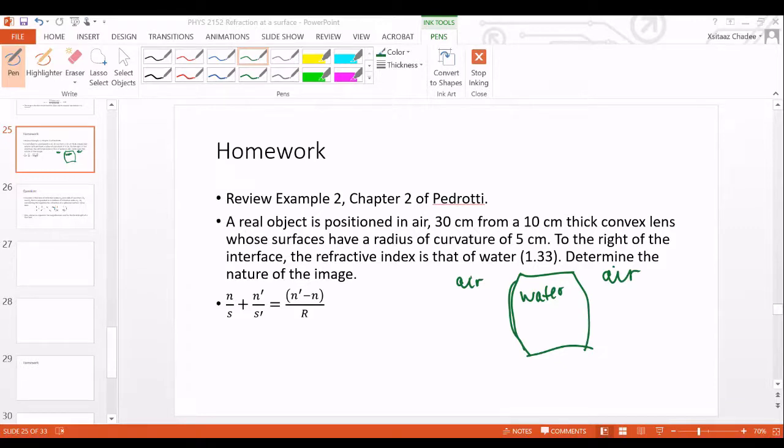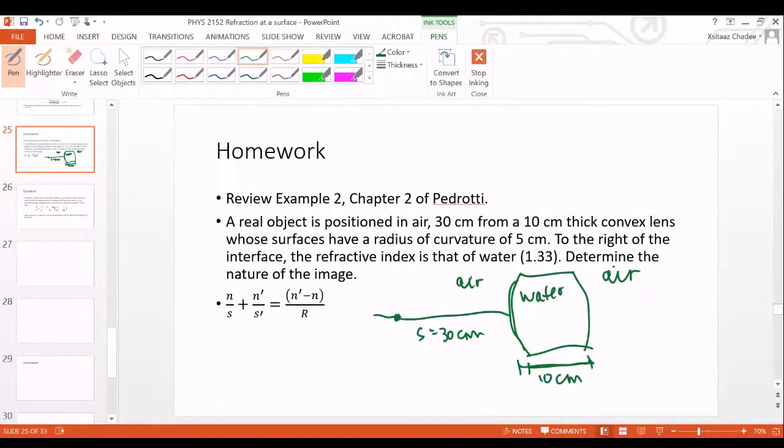And you're looking at how this thickness here is going to be 10 centimeters. The object is going to be at 30 centimeters from the first surface.